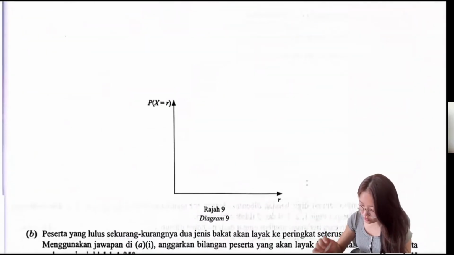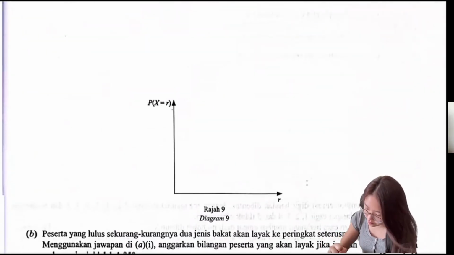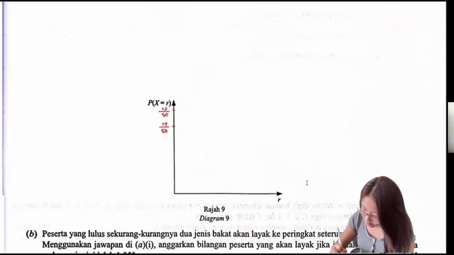The highest is 22. I write here 22 over 50. Then 17, maybe you drop down a little bit. And then 10, somewhere here. And then one more is 1.